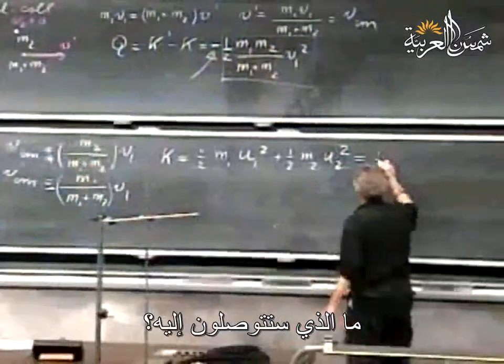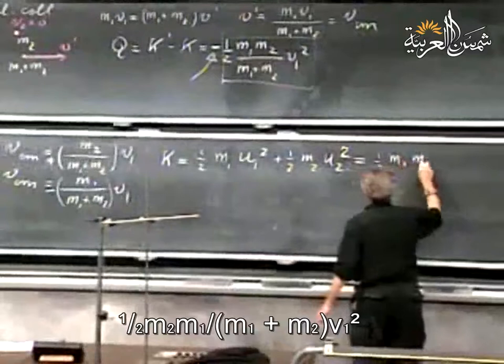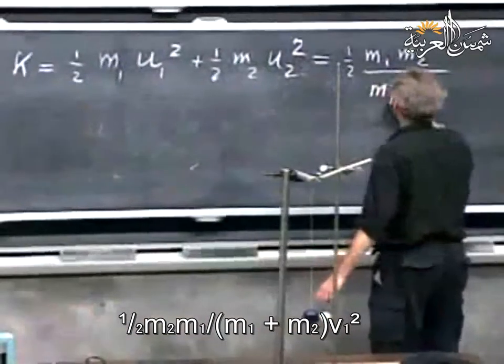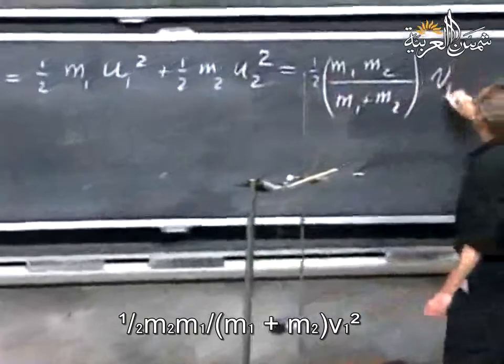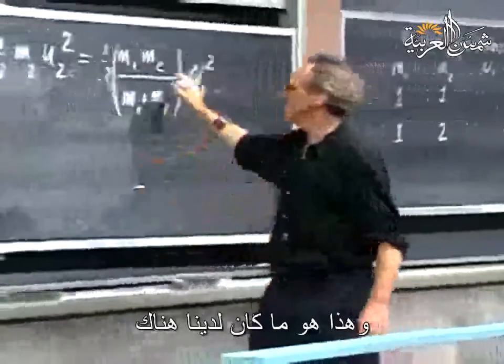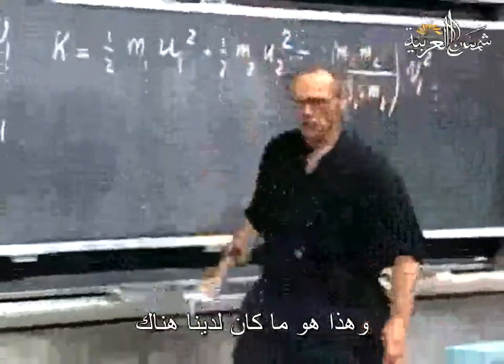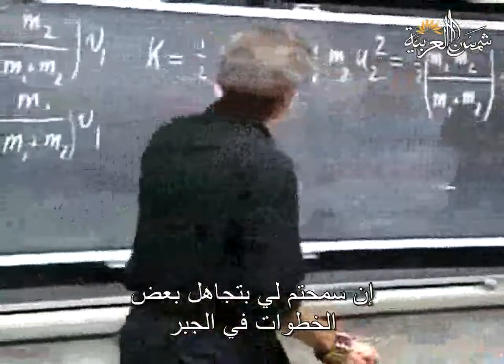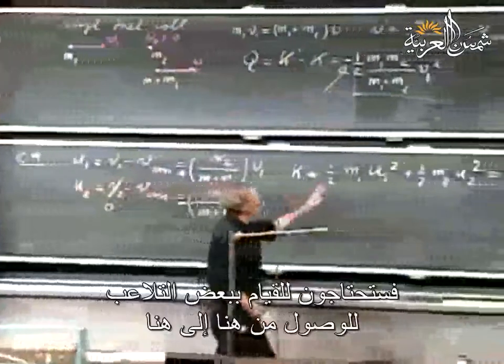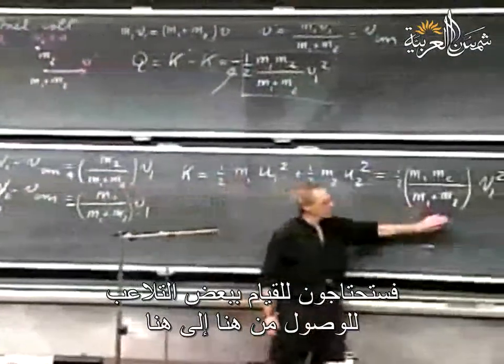What are you going to find? 1/2 M1 M2 divided by M1 plus M2 times V1 squared. And this is exactly the same that we had there. And so what you see here, if you allow me for having skipped some steps in the algebra, you will have to do a little massaging to get from here to here.